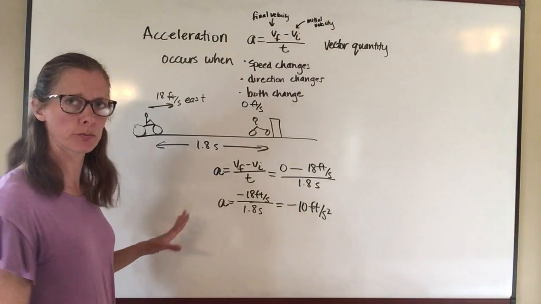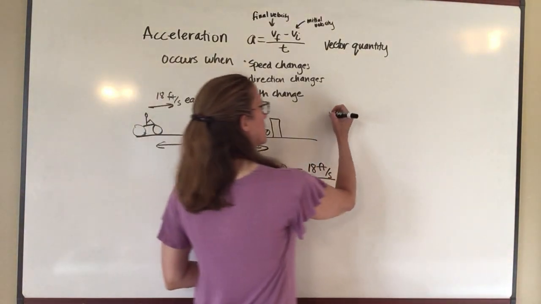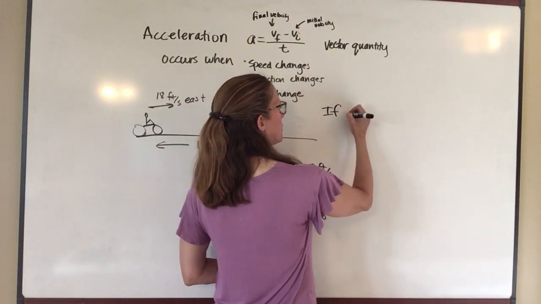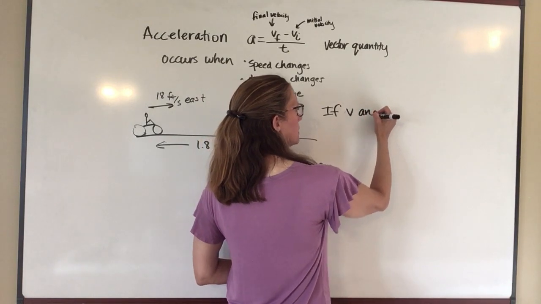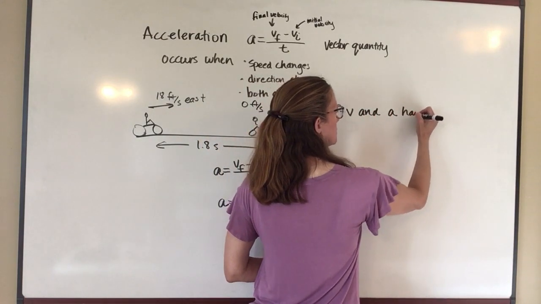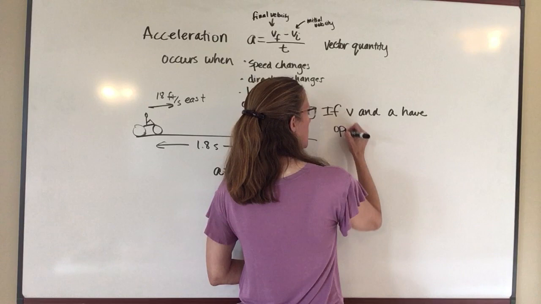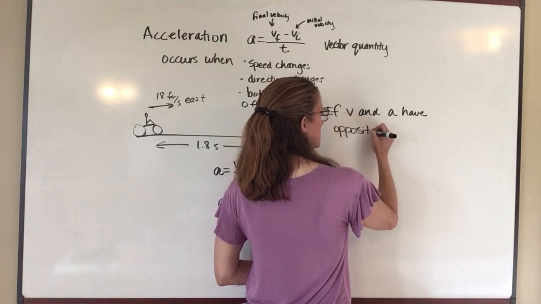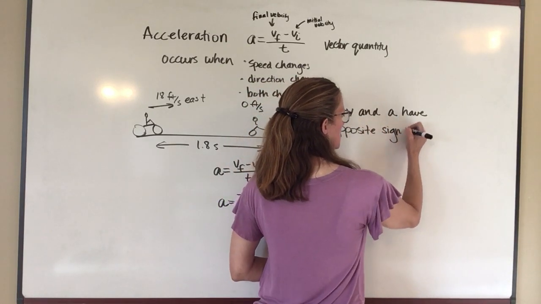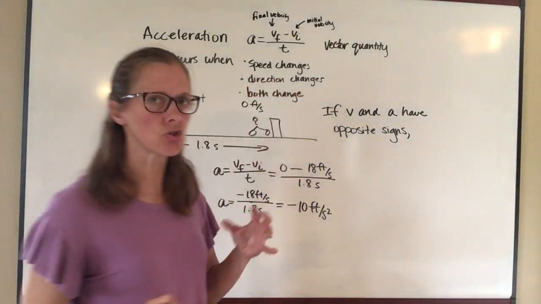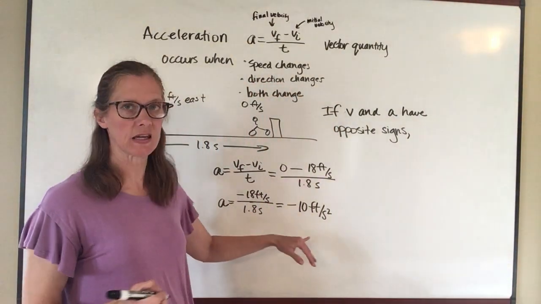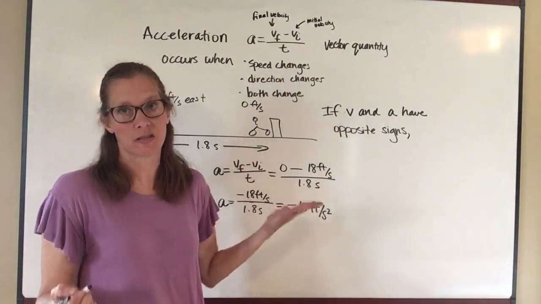In fact, that's an important point that I'm going to make sure I put over here. If velocity and acceleration have opposite signs. Okay, and it doesn't just mean if acceleration is negative, because as we saw before, my velocity could be negative too.